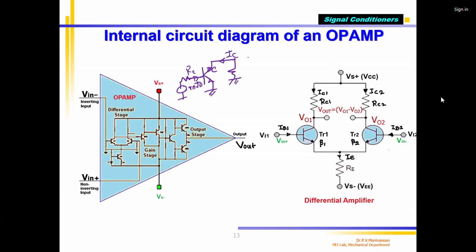Okay. Take this output, give it to one more transistor. This is the emitter. This is RB2. This is RB1. This is the supply voltage, plus minus VCC. Then this is RB2. This is called RC2.